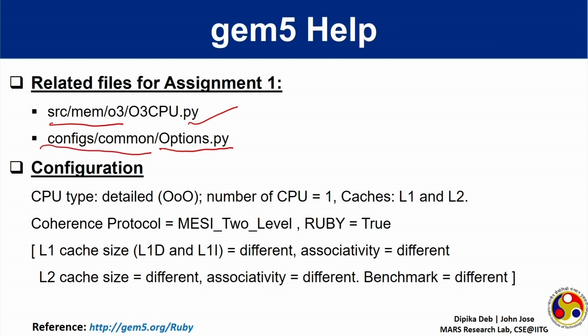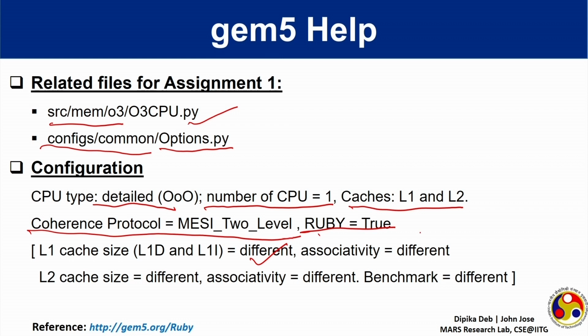And for assignment 1, we will use O3 CPU, unicore processor, 2 levels of caches L1 and L2. The coherence protocol will be MESI two level and we will set Ruby as true. The L1 cache size will differ, the associativity will be different, and we will also specify the L2 cache size, its associativity and the benchmarks.